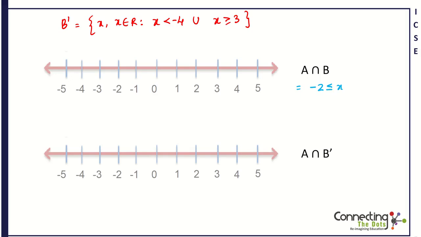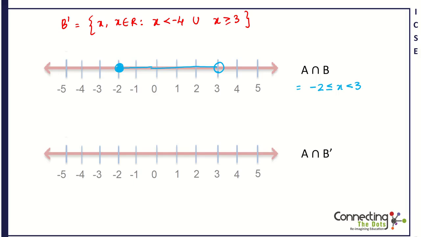This is A intersection B. It is minus 2 to 3. Minus 2 is included and 3 is not, and this part is A intersection B.